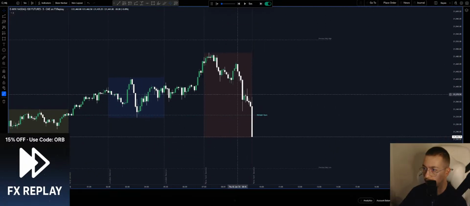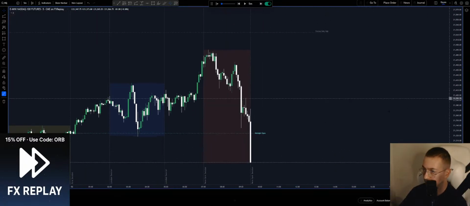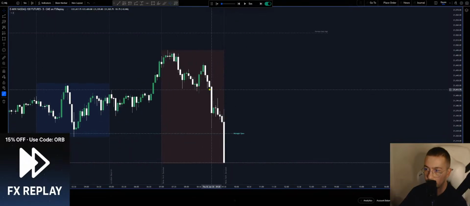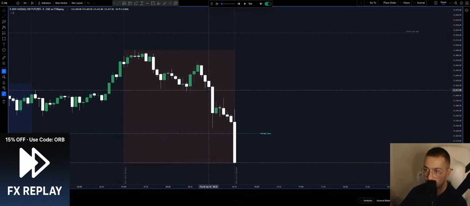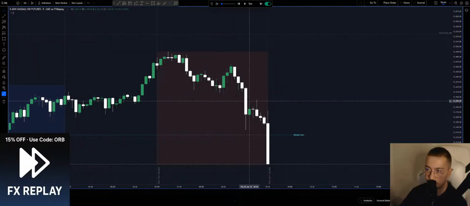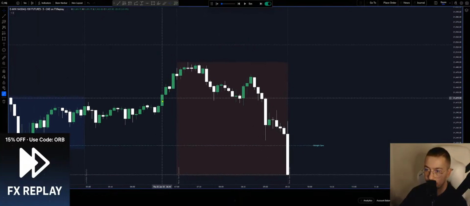Let me just do it here better, so it's better for explanation's sake. So when you have 3 candles and then there's a gap in between. So you see that wick here? There's a gap between this wick and this wick. So that is the fair value gap. That's a bearish fair value gap. That is a bullish fair value gap here.